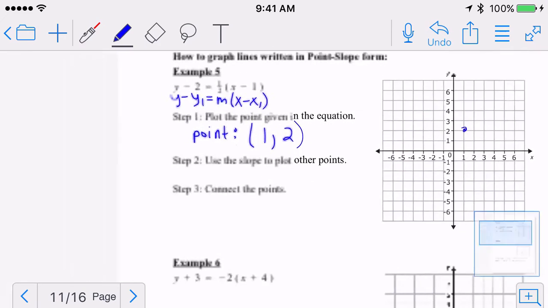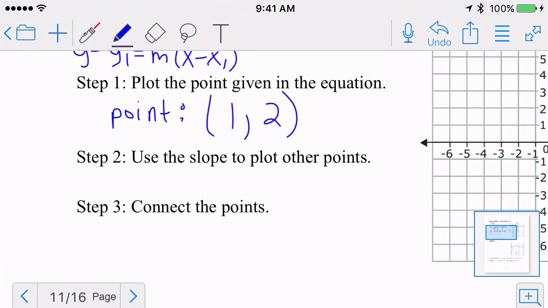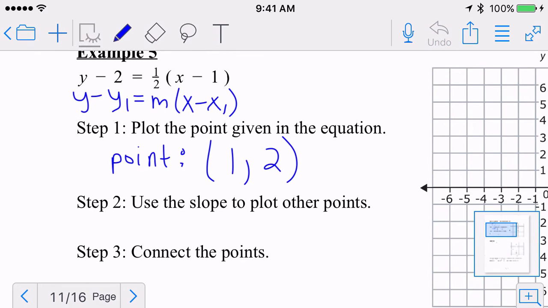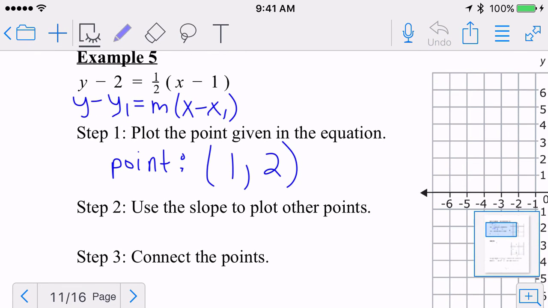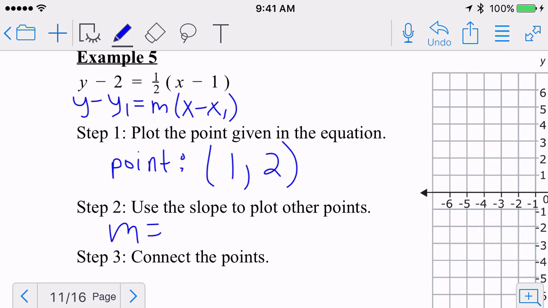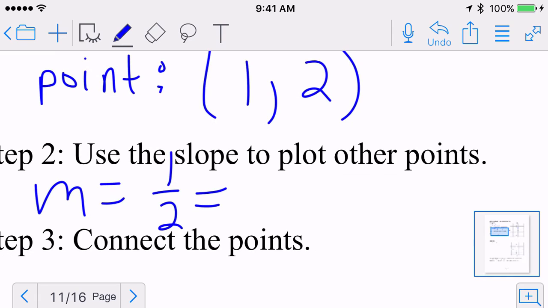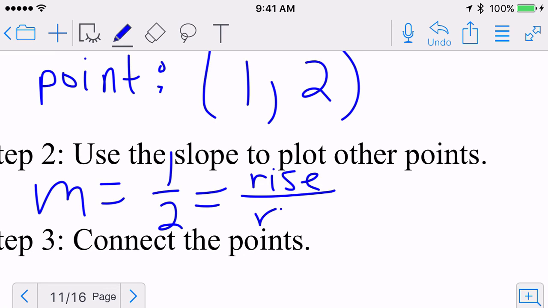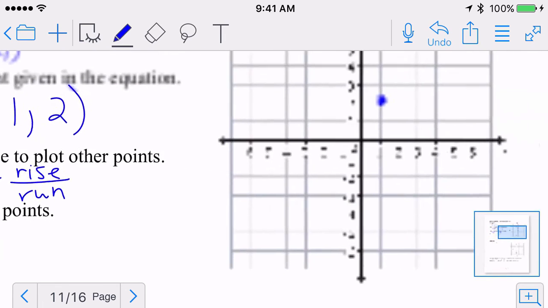Then our next step is to use the slope to plot other points. Above here we had our slope of 1 over 2. So let's put that in there. Remember, that's our rise over run. So we've got to put that in there and plot some other points in our graph.